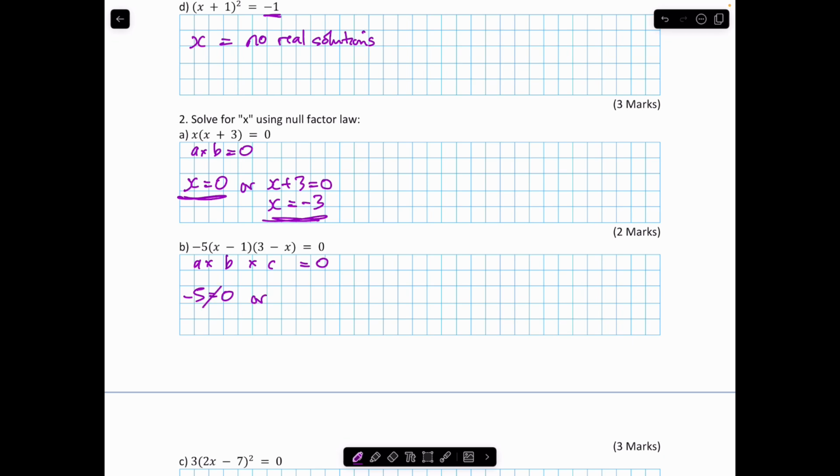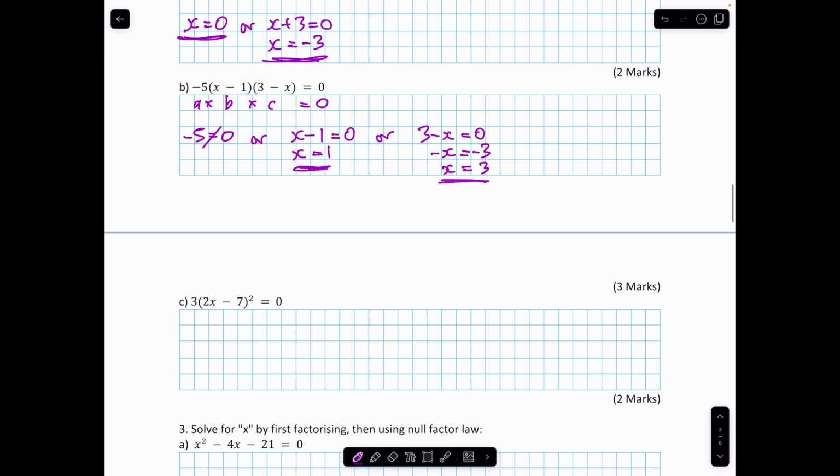Or the x take 1 could equal 0. The opposite of taking 1 is adding 1, so x could equal 1. Or 3 take x equals 0. Opposite of positive 3 is negative 3. Negative x is equal to negative 3, then x is equal to 3.